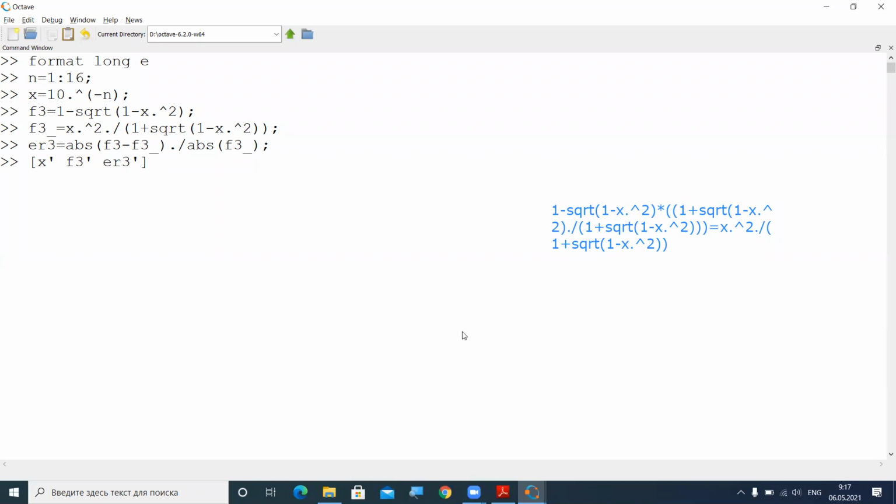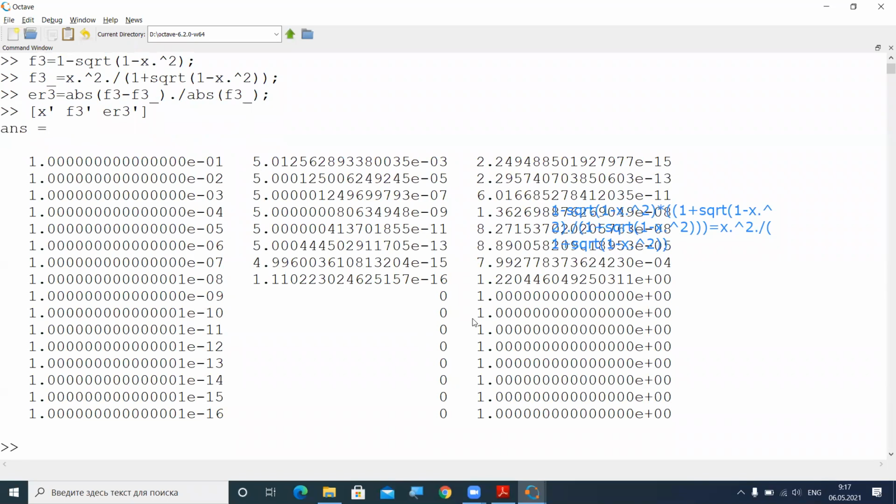So now it will be shown as columns and we will get the result here. And you can see the corresponding values here: the values of x on the left side, in the first column, from 10 to the minus 1 till minus 16. And here the corresponding values for f3, and here the corresponding values for the error.